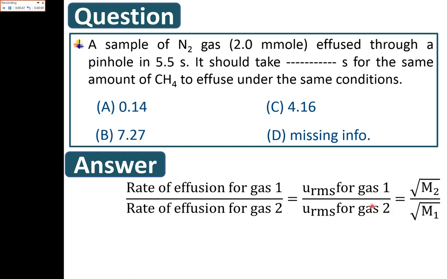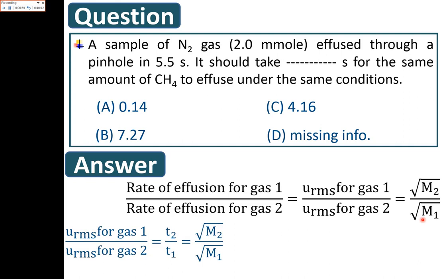This is equal to the square root of the molar mass of gas 2 over the square root of the molar mass of gas 1. Then you convert the velocity, which is inversely proportional to the time taken.